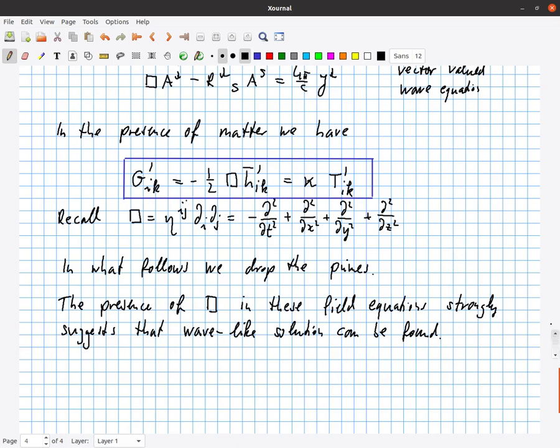This is what I meant when I said earlier that in a sense you could have predicted the gravitational waves first when you looked at the Einstein field equations.